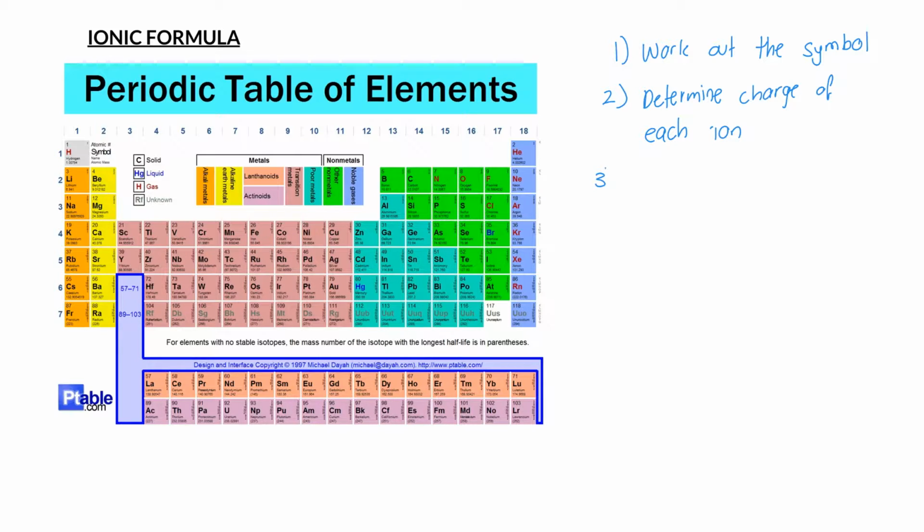And the third is to work out the ratio. And the fourth is to write the symbols with their ratios in the correct chemical conventions, I guess. So we write the formula.